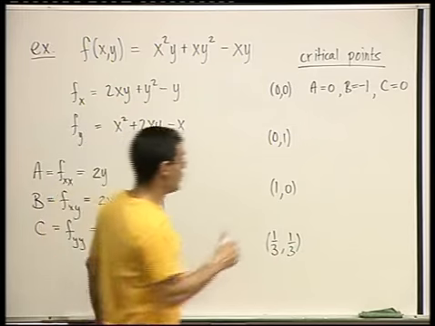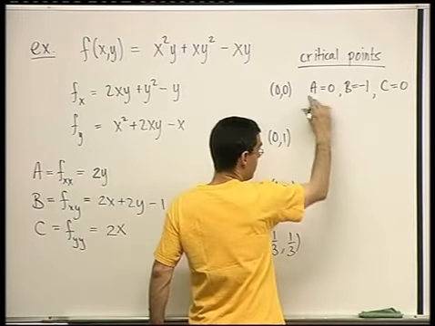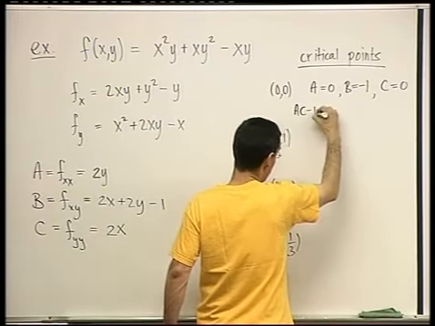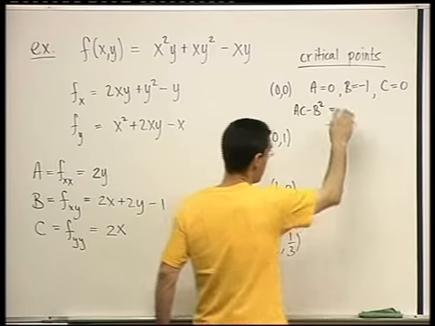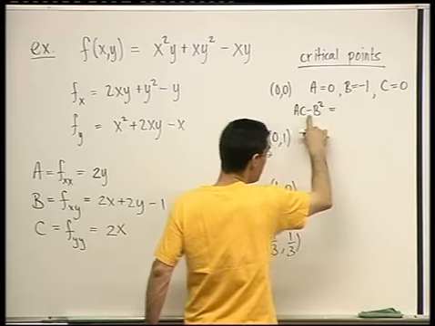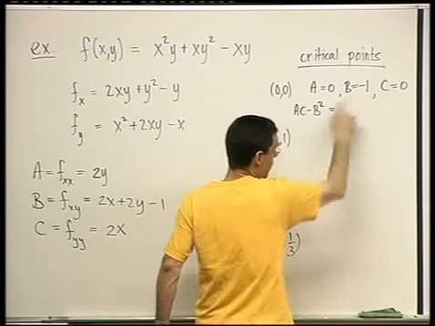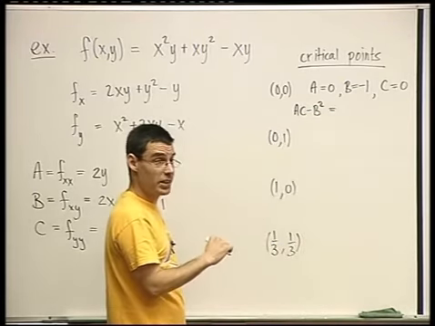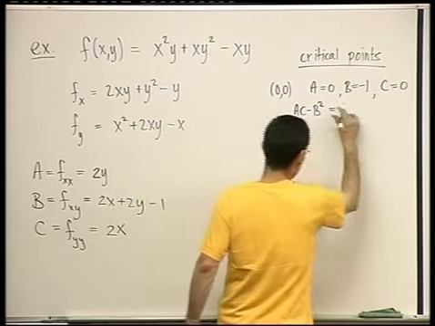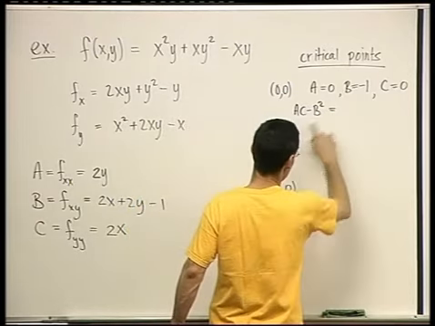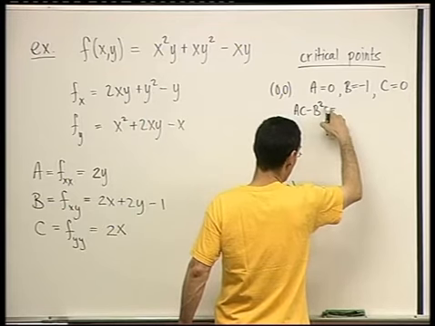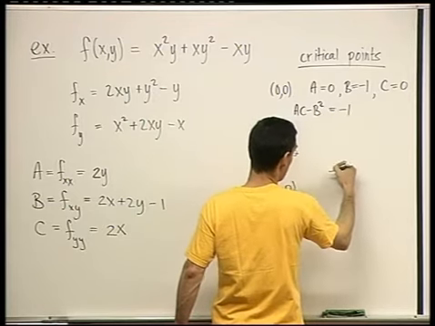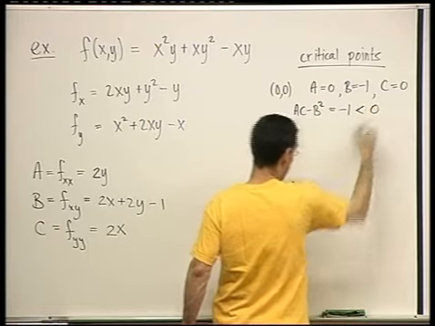Okay? So a is 0. What is ac minus b squared? This is 0 minus, in fact, I don't care what b is as long as it's not 0 itself. So this is going to be negative. ac minus b squared is negative 1 squared is 1, so it's negative 1, which is negative.